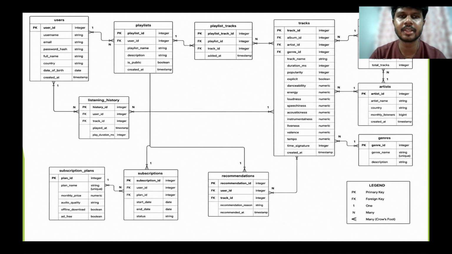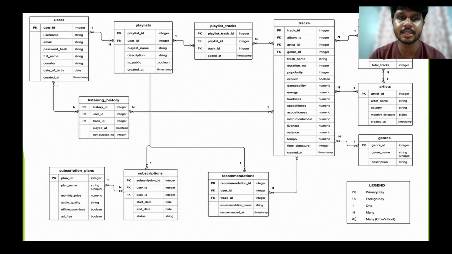And the third relationship is between tracks and playlist tracks. So there is a many to many relationship between playlist and tracks. And the fourth relationship is between users and listening history. And the next relationship is between tracks and listening history. And the sixth relationship is between artist and albums.